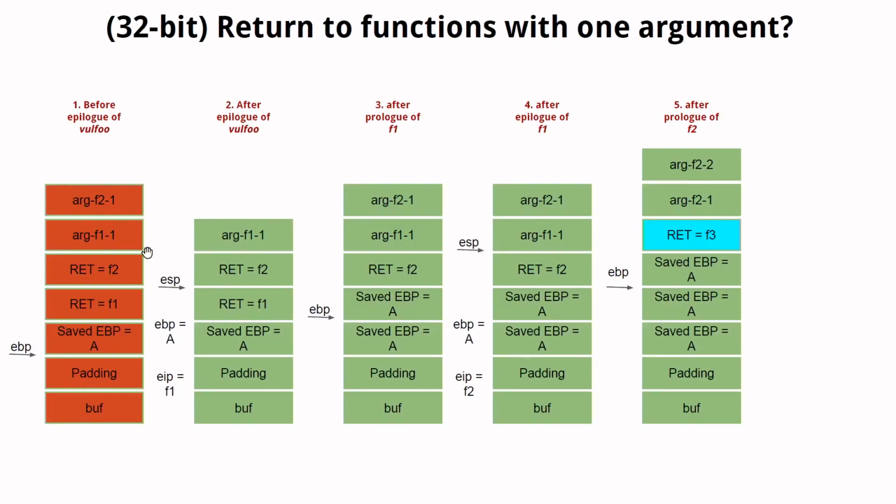However, if the functions we want to return to take parameters, does this still work? Intuitively, you can feel this may not work, right? Because we put the return addresses one after another, which means for some functions, their return address will have the same address as other functions' parameters.